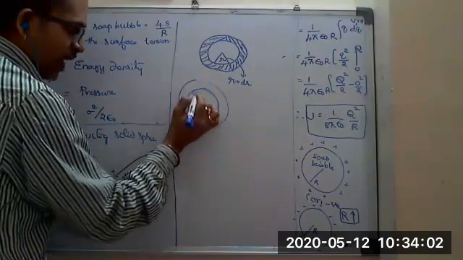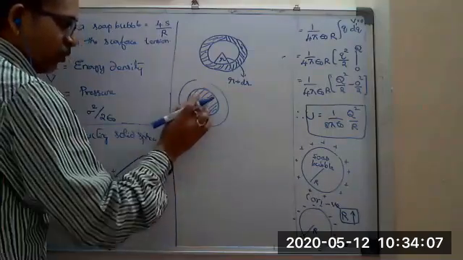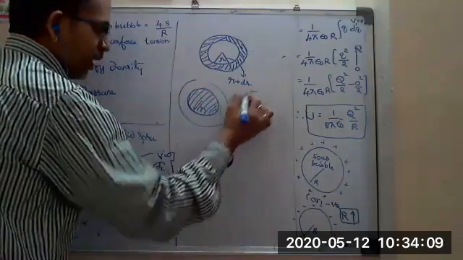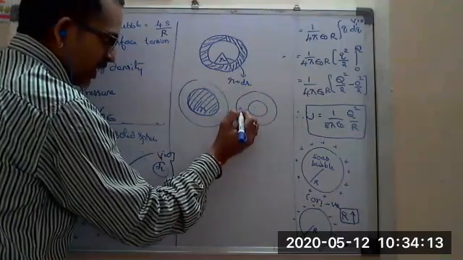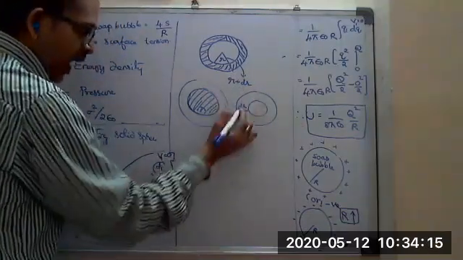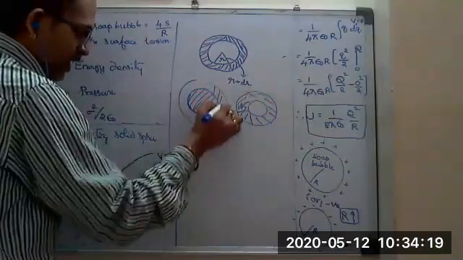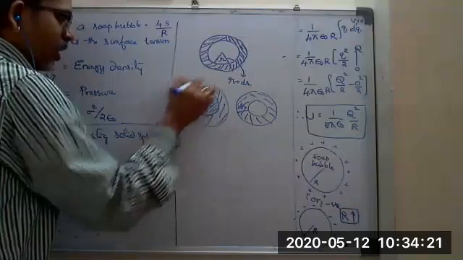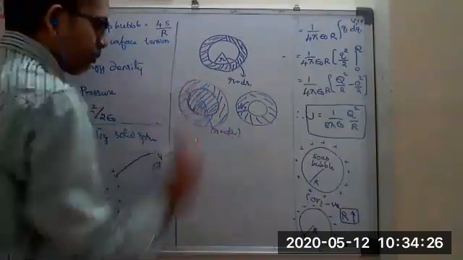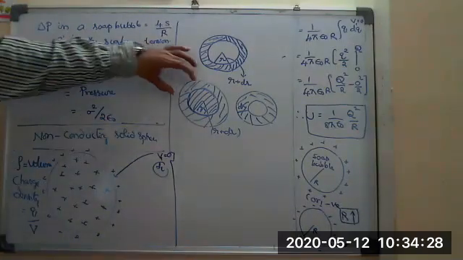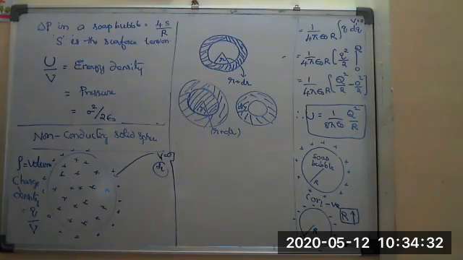By this, what happened? Already it is a solid sphere. Over it you placed one shell having certain thickness dr. If you add it, it is also the charge part. After adding, you get a solid sphere of radius r plus dr. You are not only adding the charge but also increasing the radius.